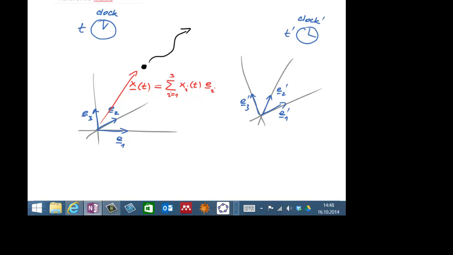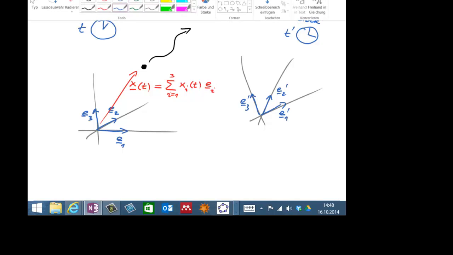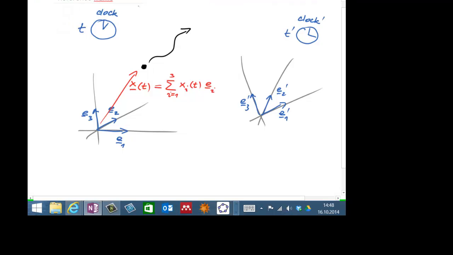Now, first of all, we should notice that the spatial reference frame of your colleague differs from your own reference frame in two respects. One respect is that it may have a different origin.